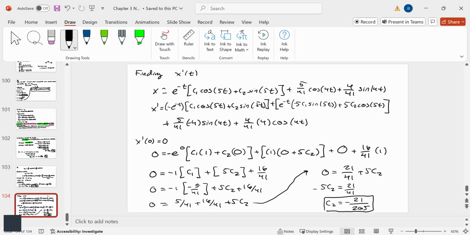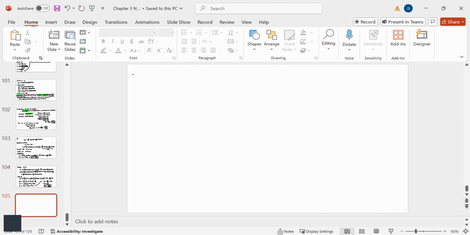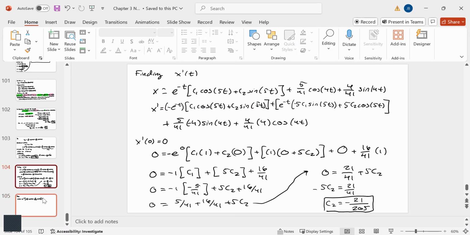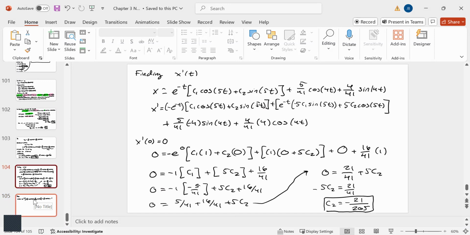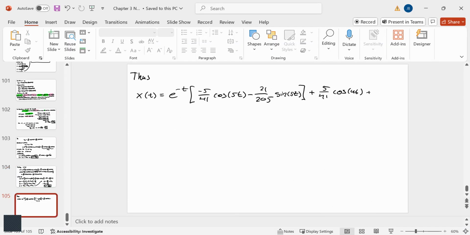So there's our answer. All in all, x of t is equal to e to the negative t times negative 5 over 41 cosine of 5t minus 21 over 205 sine of 5t, plus 5 over 41, sorry, 4 over 41 cosine of 4t.